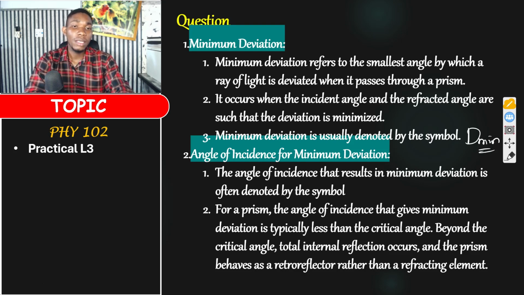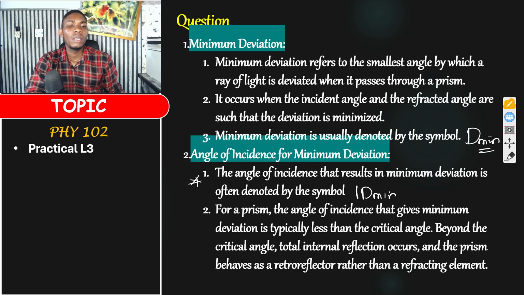From this experiment, this is now what you are going to write, in addition to what you have here on your screen. You are now going to write, from this experiment above, the minimum deviation from the curve is 31 degree, and the corresponding angle of incidence for the minimum deviation is 45 degree. Are you getting it? Then you are now going to continue writing on the incidence angle. The angle of incidence that results in minimum deviation is often denoted by the symbol I d minimum.